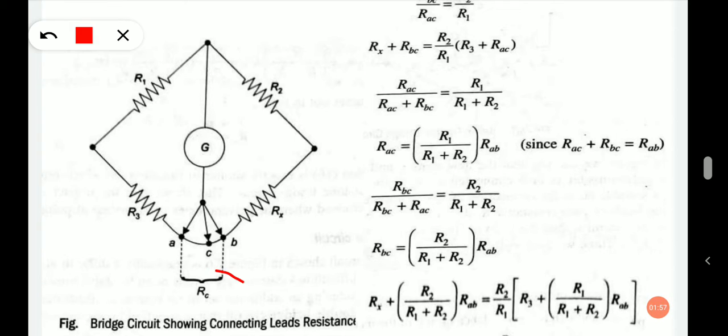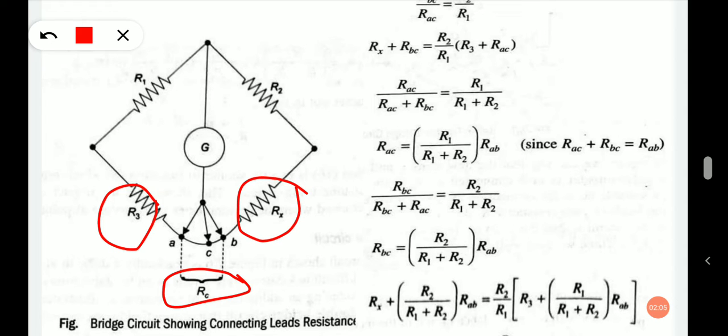So here you can see Rc, the variable resistance R3, and this is the unknown resistance Rx.